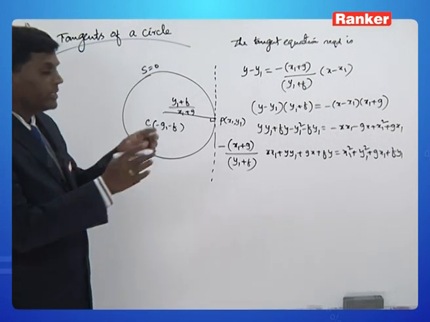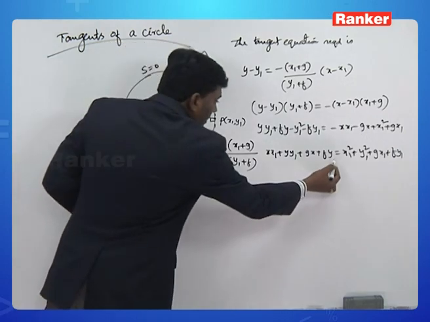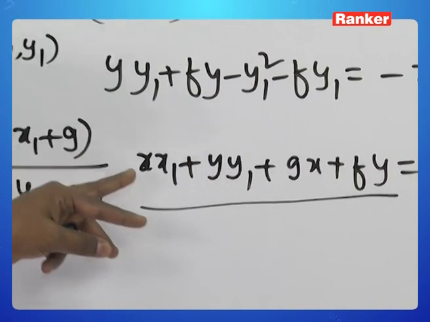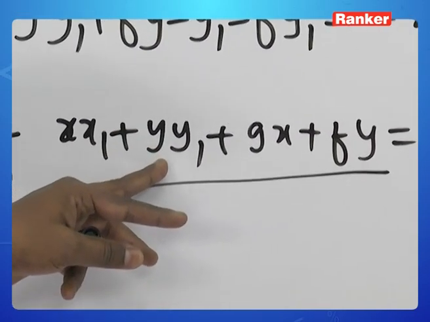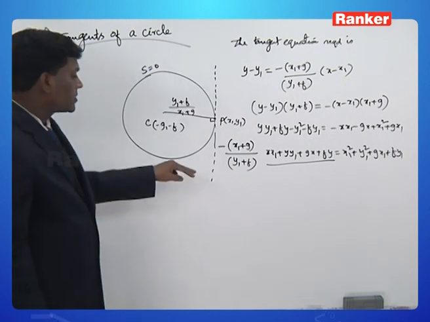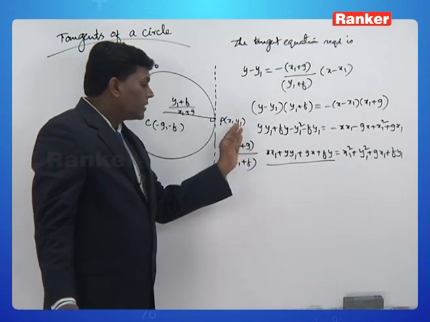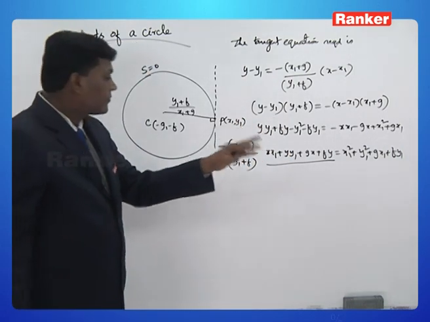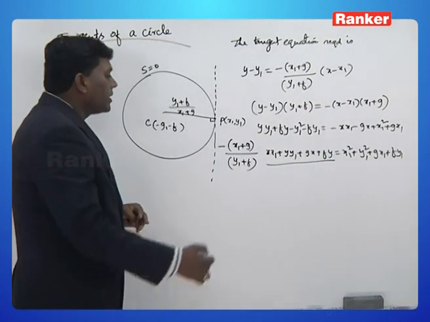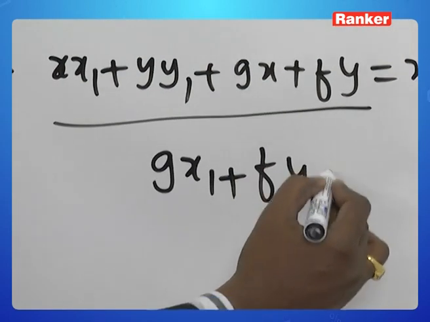Already we have various ideas of notations developed in previous classes. Now, if you observe this left side equation, here xx1, yy1, these terms appear in S1 notation. In S1 notation, we have xx1 plus yy1 plus g of (x plus x1) plus f of (y plus y1) plus c. To get that one, we require three more additional terms, which are nothing but gx1, fy1, c.